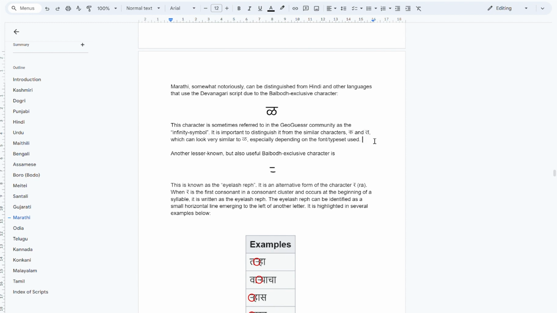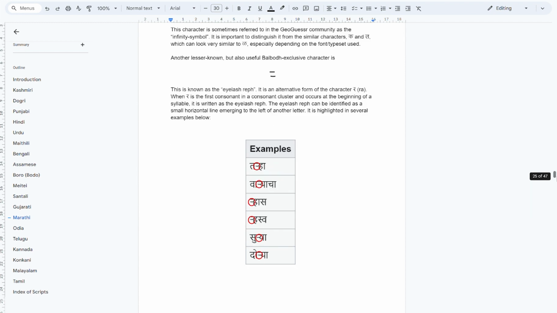The important thing is that the only one where the infinity is closed up all the way around is this one. So if it's not closed fully, you know that it's not Marathi. Now, note that Marathi also uses these two characters, so if you see these two, you could still be in Maharashtra. But if you see this character, you're pretty much only going to be in Maharashtra, nowhere else.